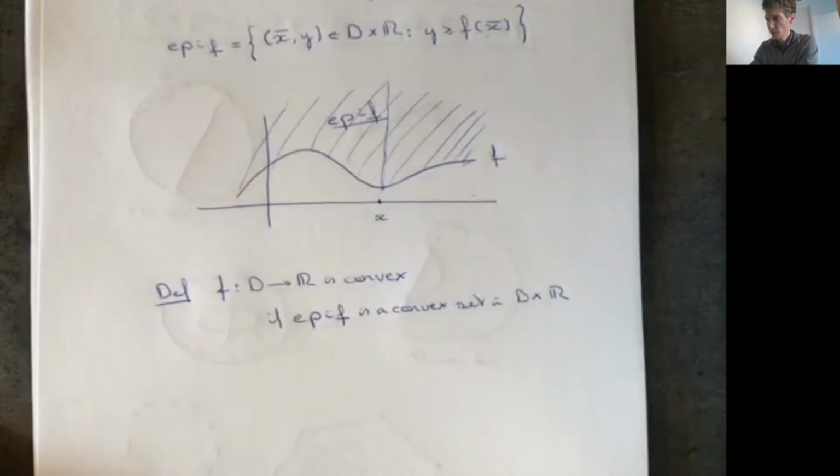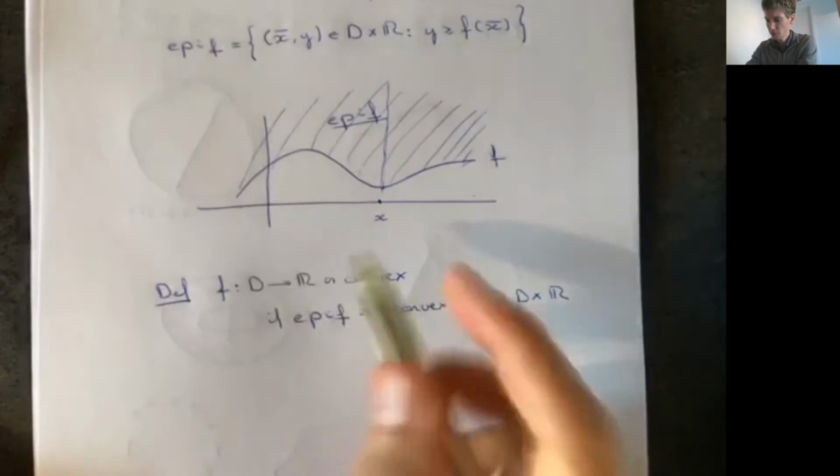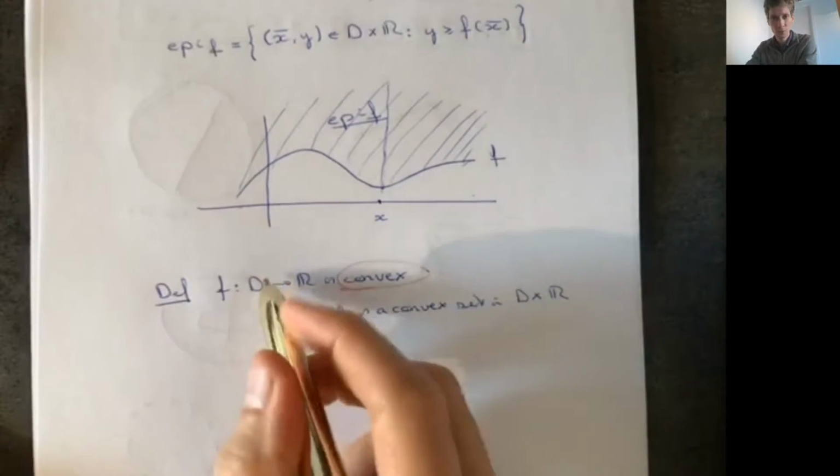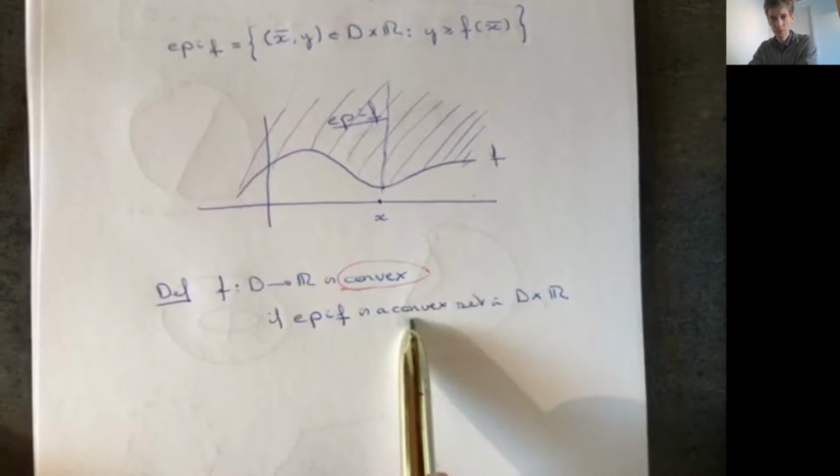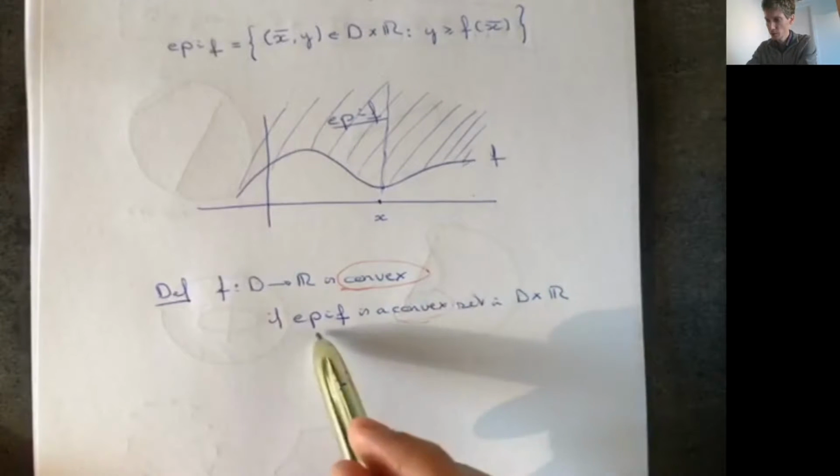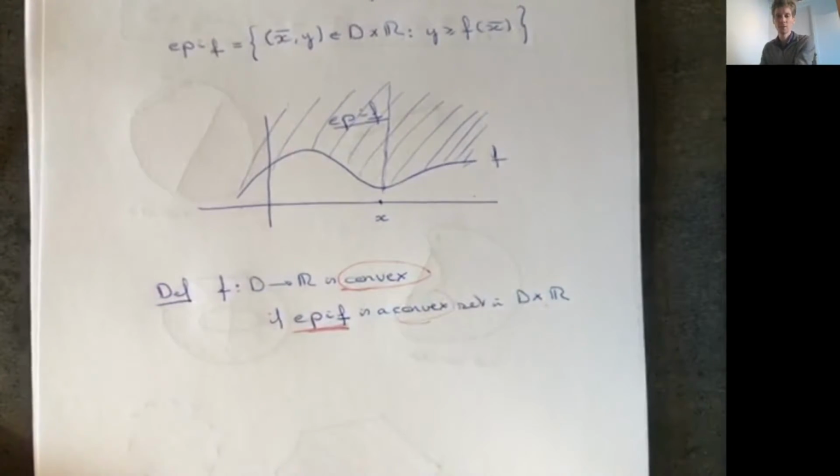Now here, this is the definition of convex as it relates to the function. This definition of convex here relates to the fact that this set here is convex.